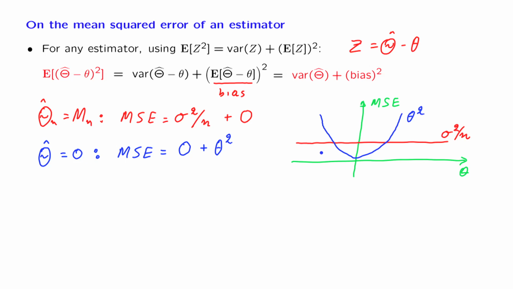If we have some good reason to expect that the true value of theta is somewhere in the vicinity of 0, then the 0 estimator might be a better one because it will achieve a smaller mean squared error. But in a classical statistical framework, there is no way to express a belief of this kind.